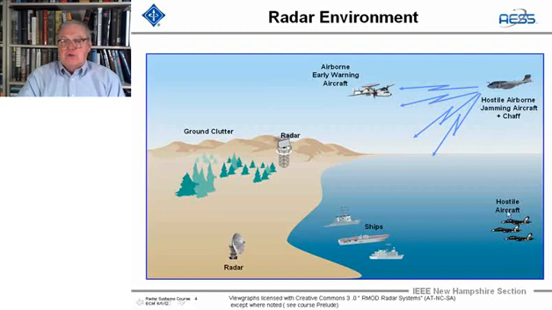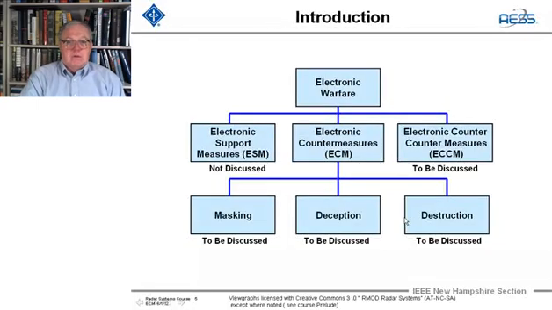What they can do is deny the radars on the ships and on the ground from seeing hostile aircraft that are coming in to attack your forces, like these ships. This one looks like an Aegis destroyer. You'd like this destroyer to be able to see these hostile aircraft and not have its performance denigrated, so that they can't be seen, get close, and possibly damage or sink the ships. So that's the environment we're working with.